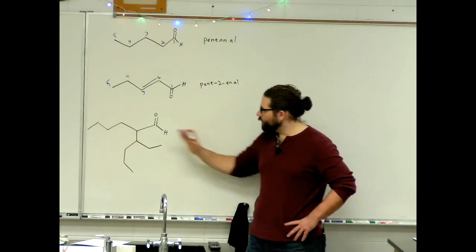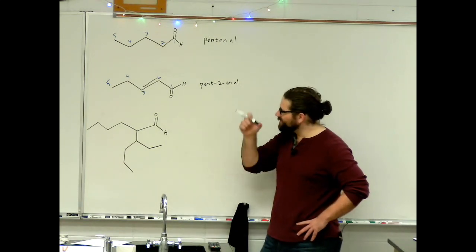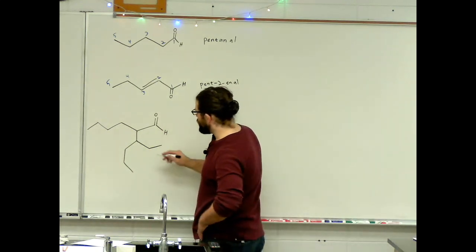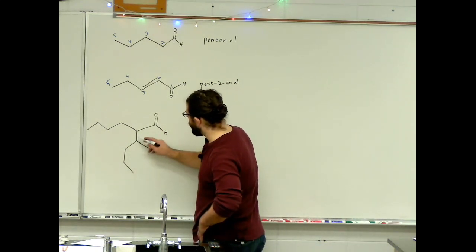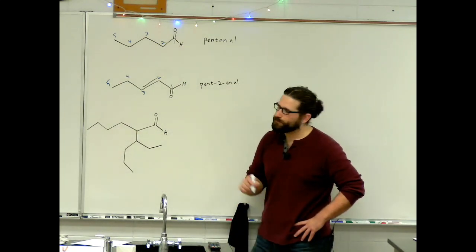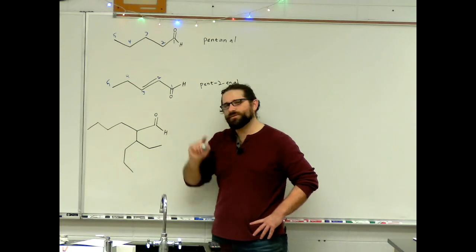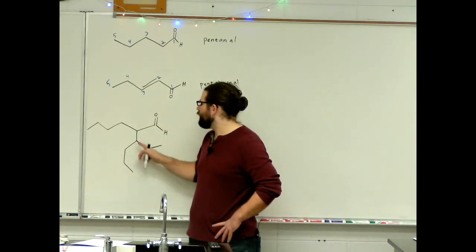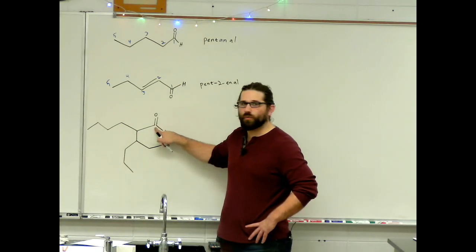Straightforward. But looking at this last one, this is an interesting compound. Now, if you notice with me here, I've got a 1, 2, 3, 4, 5, 6, 7, 8, 9 carbon chain. But the rules of the aldehyde are that it takes such high priority that we say, I don't care how long this chain is, that's my number 1 carbon.